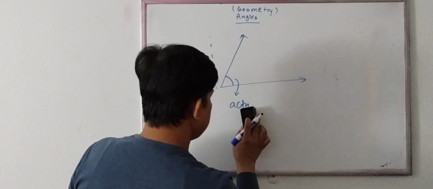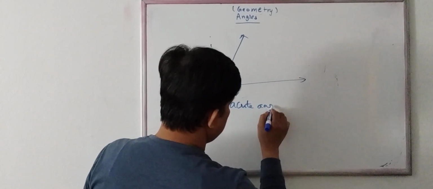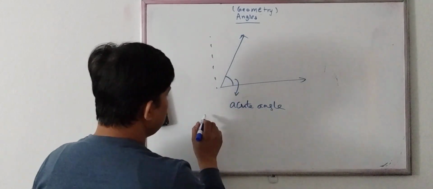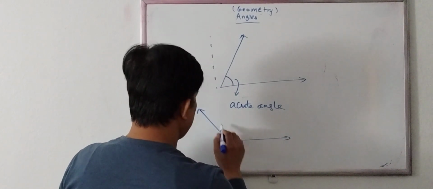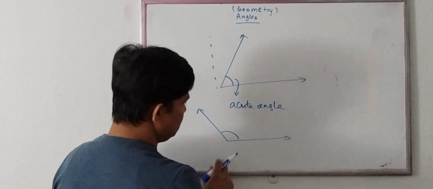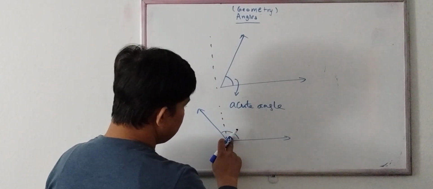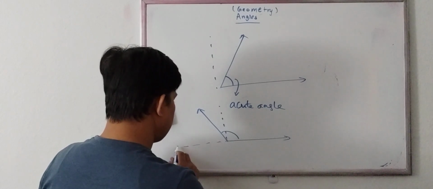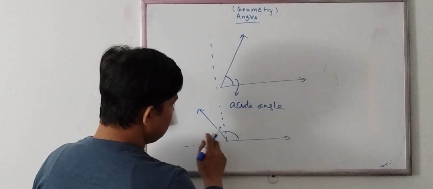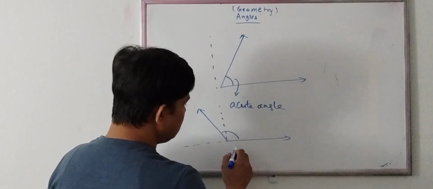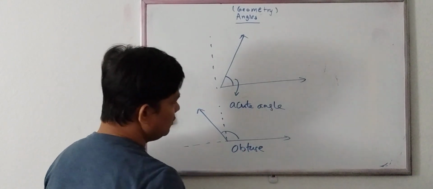Okay. Now another could be like this. What is this angle? So the perpendicular line is here. So this is greater than 90 degree, and a straight angle should be a straight line. It's less than 180. So greater than 90, less than 180. So obtuse angle. Okay.